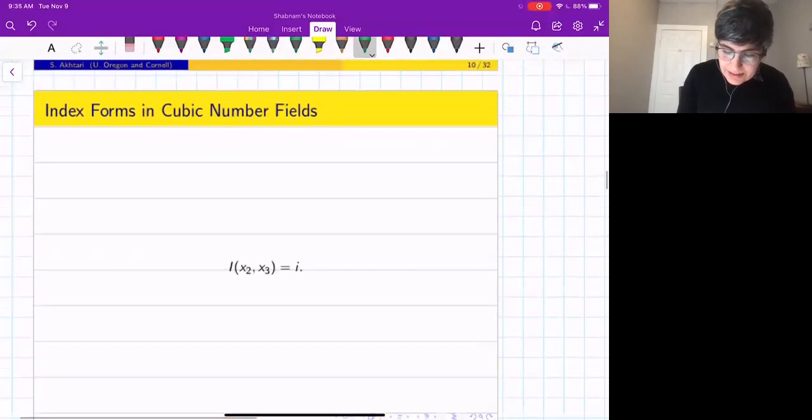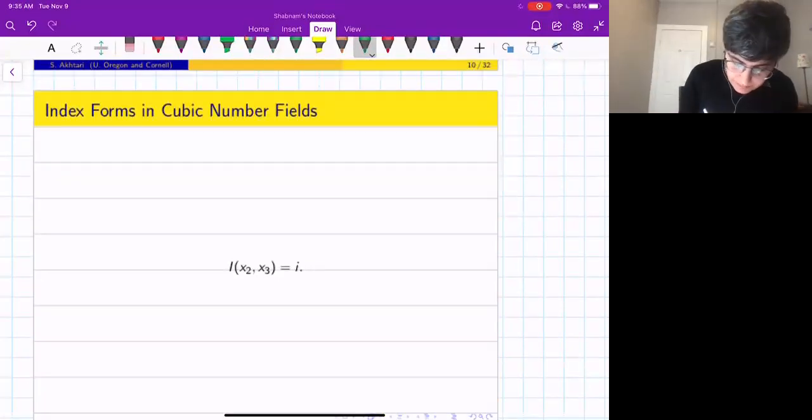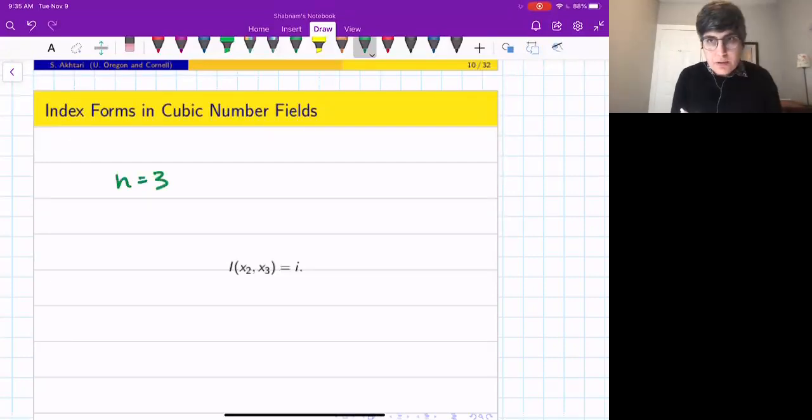But all that matters to me right now is that when I'm working with cubic number fields, I have two variables, x_2 and x_3, and x_1 is missing because that's the integer that doesn't contribute to the discriminant or index. And then I have n choose 2, which is 3 choose 2, 3 as the degree of the index form.